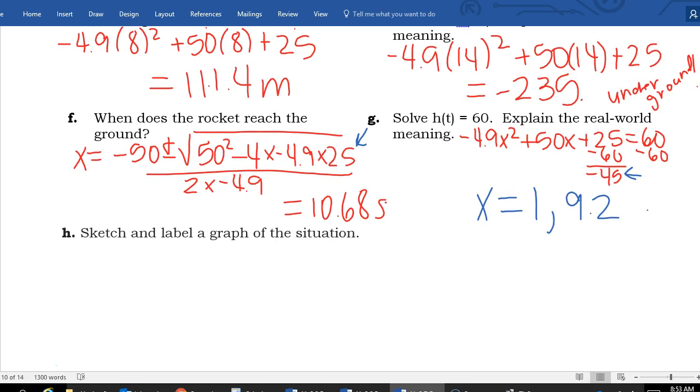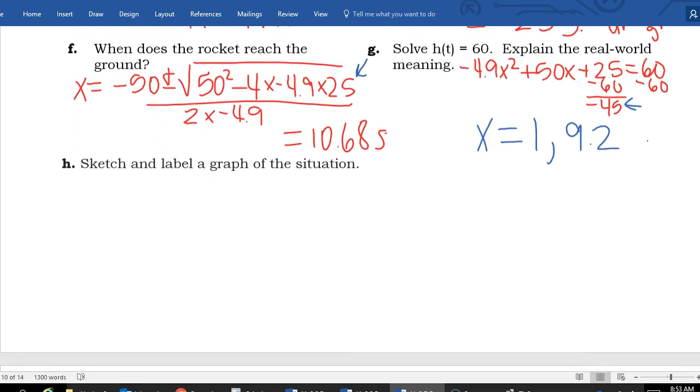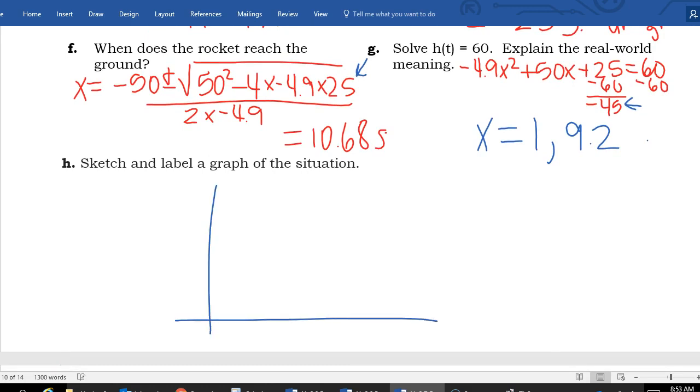And finally, we're going to graph this and label everything we have figured out. So we have our rocket blasting off and crash landing. It blasted off at 25 meters. Now this is not drawn to scale, but it took approximately 5.1 seconds for it to reach its maximum height, and that maximum height was 155 meters.